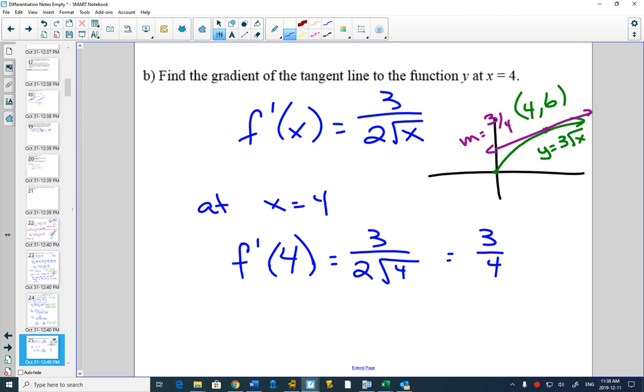That's what we just figured out. Why is it 4 comma 6? Because if I plug in 4 into my original equation, my y value would be 6. So the graph is giving us a picture of what's happening.